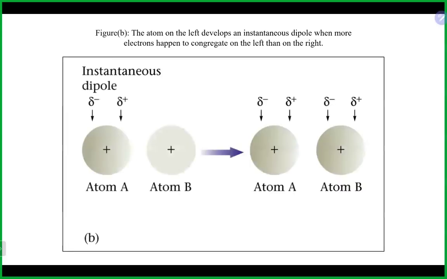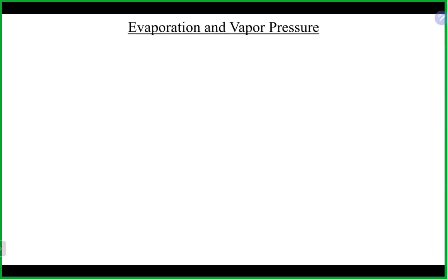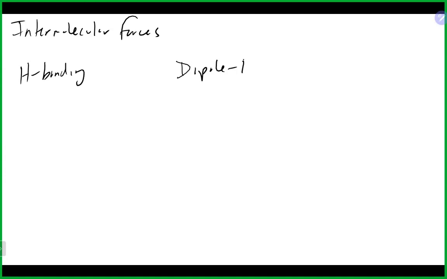So this is sort of what we were talking about there, that instantaneous dipole that occurs, that temporary attraction. Now, when we think about our intermolecular forces, just to summarize here and finish up, we basically have hydrogen bonding, we have dipole-dipole interaction, and we have dispersion forces.